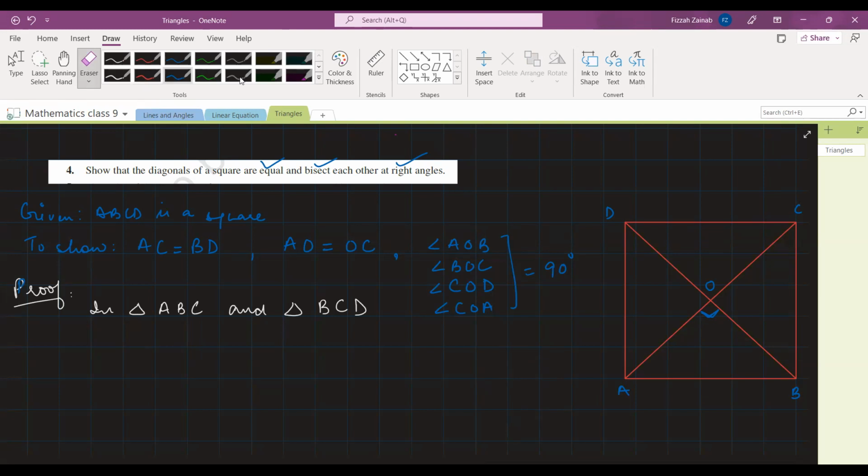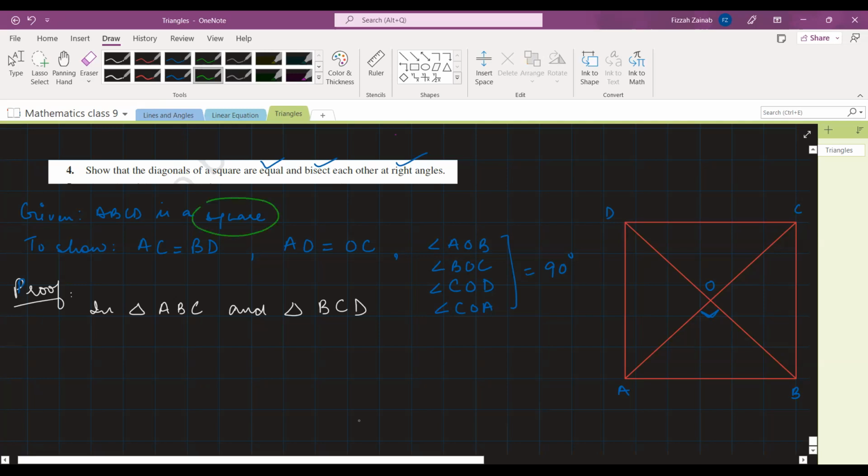Come on, say. ABC is 90 degree and BCD is also 90 degree. Why? Because it's a square. Exactly. So use the given condition, right? It's a square, so the angles are 90 degree. Very good.